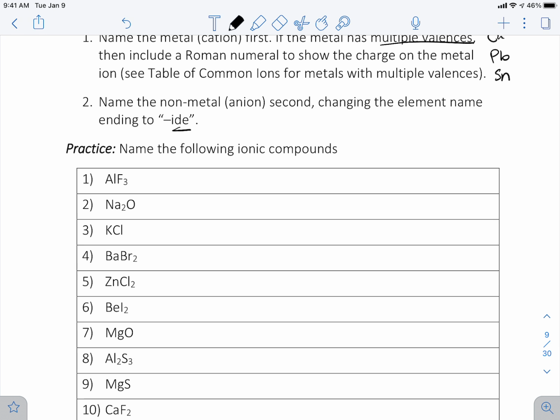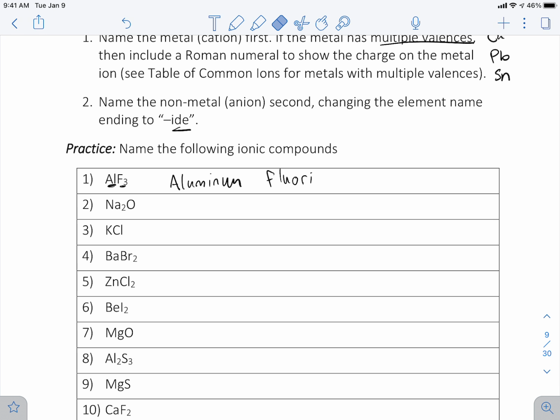All right, so here we have aluminum and fluorine. So that means that we're going to write aluminum out normal. We would check our table of common ions to make sure it's not one that has multiple valences. And then we'll name fluorine, but I want to replace from the last vowel to the end with "ide."